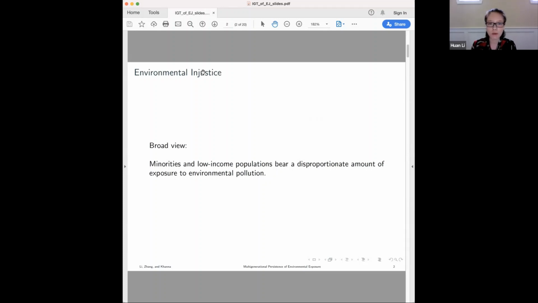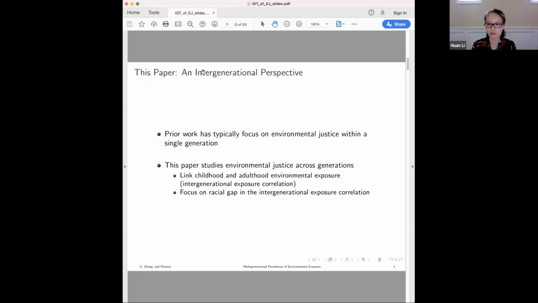In our paper, we try to understand this environmental injustice using an intergenerational perspective. Basically, we want to look at whether there is intergenerational correlation in environmental exposure.